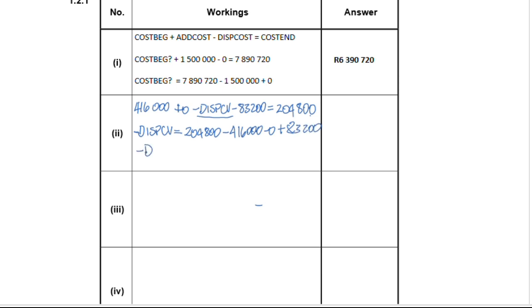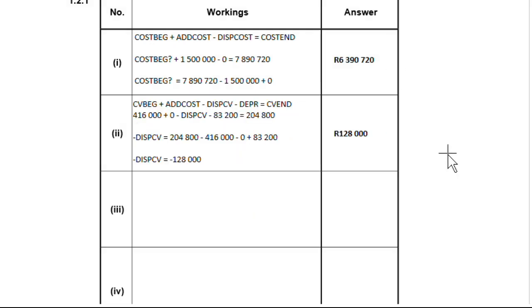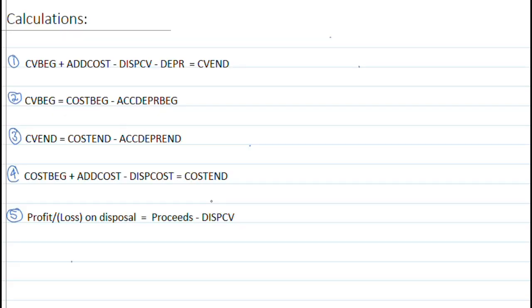This gives us minus disposal at carrying value equals minus 128,000 rands. To get rid of the minus sign, we simply divide both sides by minus 1. So that gives us a disposal at carrying value amount of 128,000 rands.